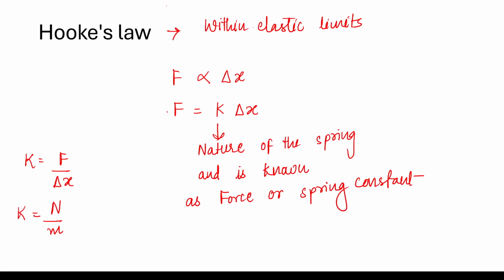For a spring, or for that matter a rubber, a string, any polymer, or a wire, if you stretch and remove the applied force and it comes back to its original length, Hooke's law is valid. If it cannot go back to its original length, Hooke's law is not valid.